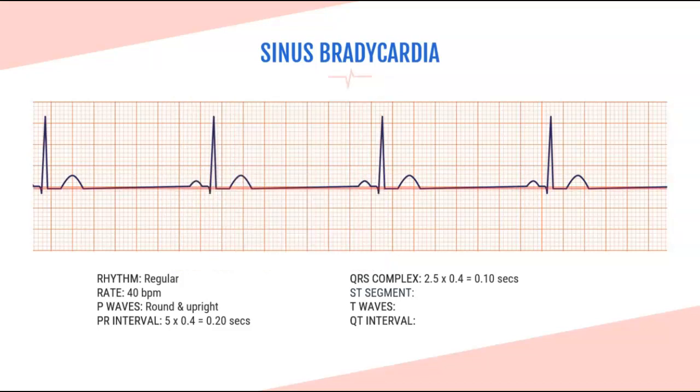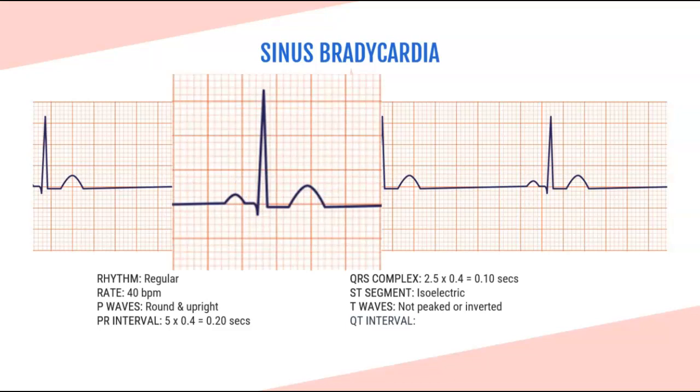Our ST segment, if we draw a line across, is on the isoelectric line. Our T waves are round and upright, not peaked or inverted. And our QT interval is about 10.5 small squares. If you multiply that by 0.04, it gives you 0.42 seconds, which is within normal range for our QT interval.